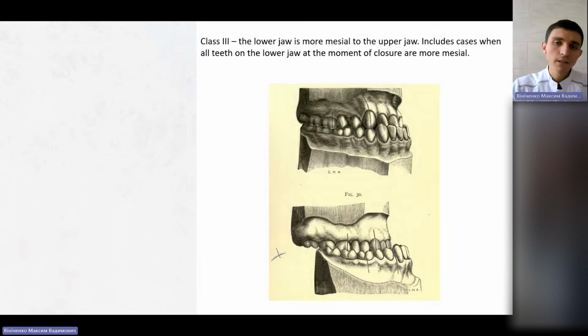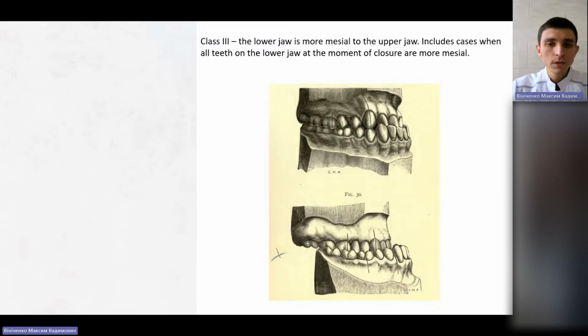If we make a cephalometric analysis and understand that the IMPA angle is 82 or less, it is only orthognathic treatment. We couldn't help this patient without orthognathic treatment.